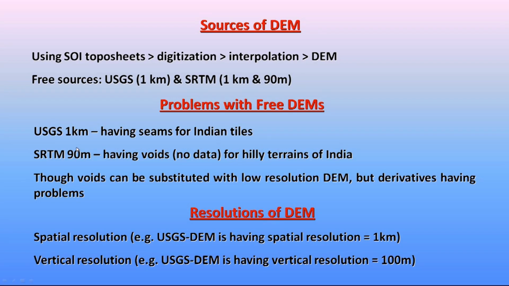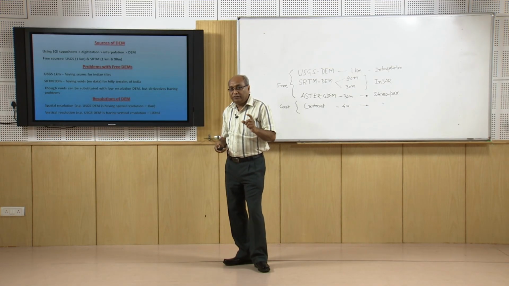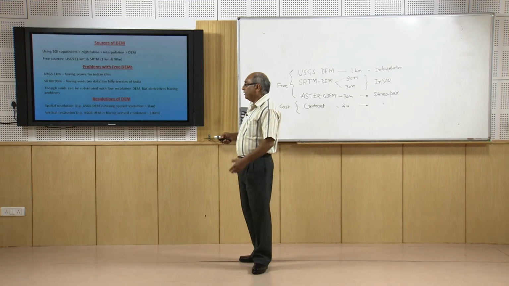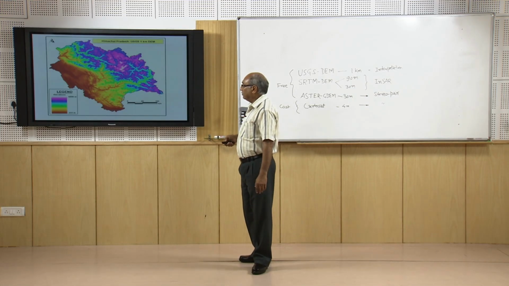The values of these voids can be substituted with lower resolution or some other data. Like the spatial resolution of this one is 1 kilometer, say the example of USGS DEM, whereas for the vertical resolution the USGS DEM has 100 meter. That is the least count or vertical accuracy of a DEM. So depending on the DEM, different DEMs have different spatial as well as vertical resolution.